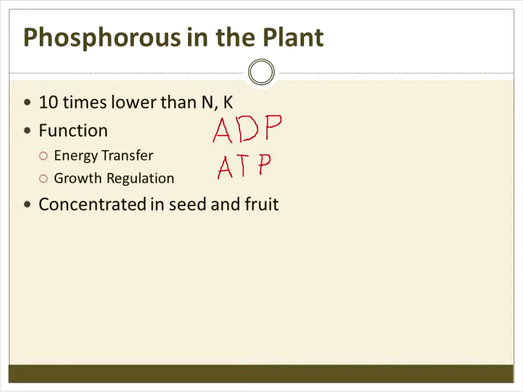Phosphate, P. Hey, phosphorus is probably pretty important with regards to how energy moves around, when we start talking about converting sunlight into sugars. So phosphorus is critical in energy transfer within the plant, and thus has a lot to do with the regulation of growth. It tends to be concentrated in seeds and fruit as a mechanism for that phosphate to be carried over to subsequent crops.